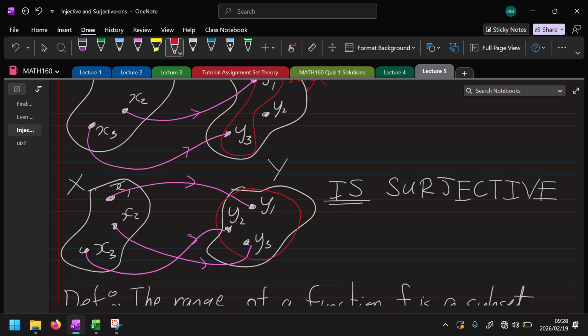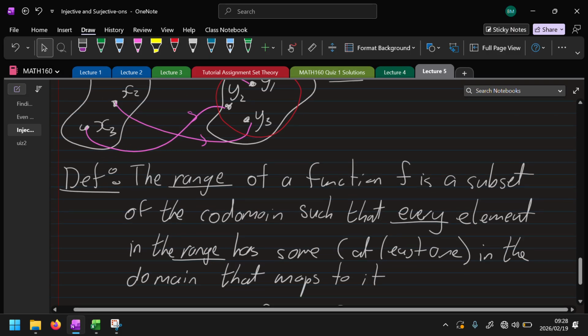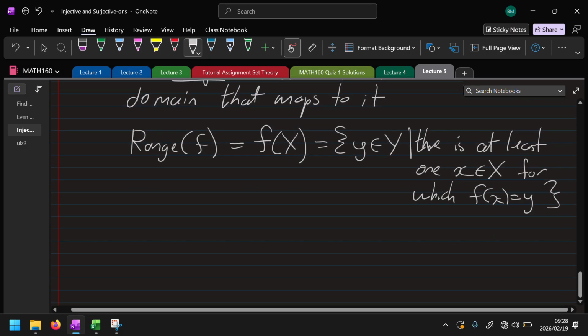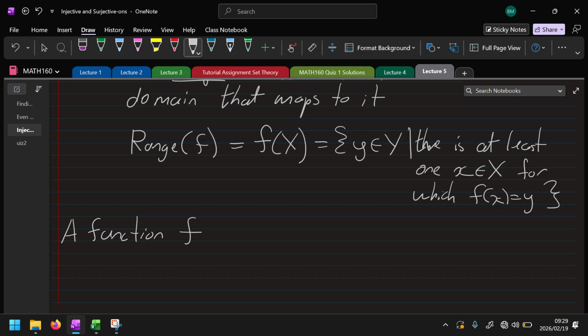So we can write an alternate definition. So instead of doing all of the words, we can just write it in terms of symbols now. A function f from x to y is surjective if f of x, the whole set x, we know that's the range, is equal to the codomain.